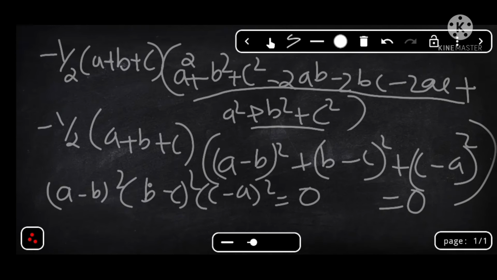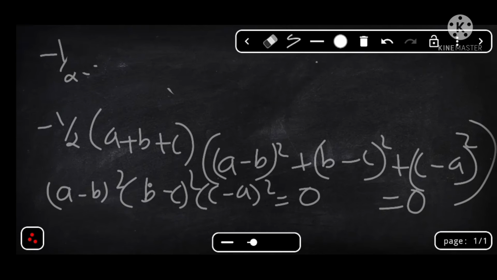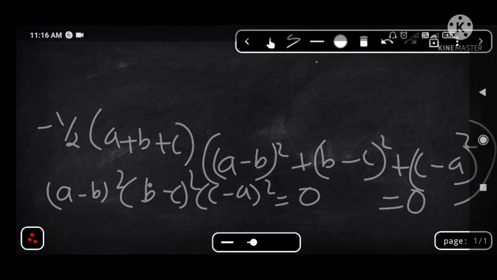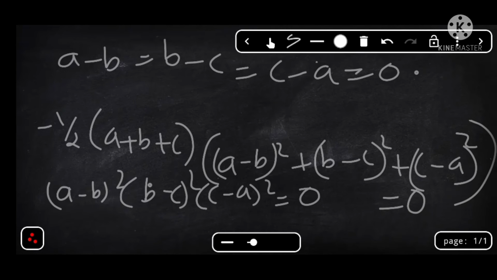Then from here we can write a minus b equal to b minus c equal to c minus a equal to 0.